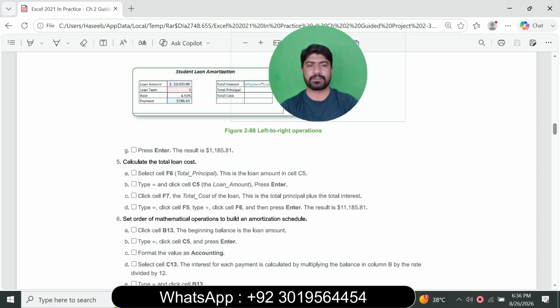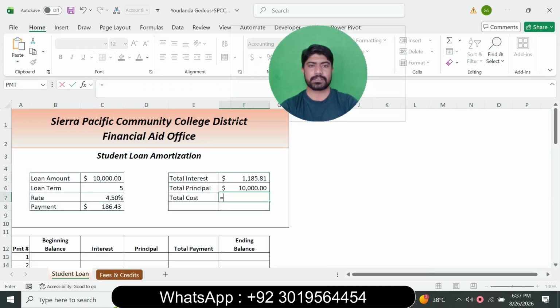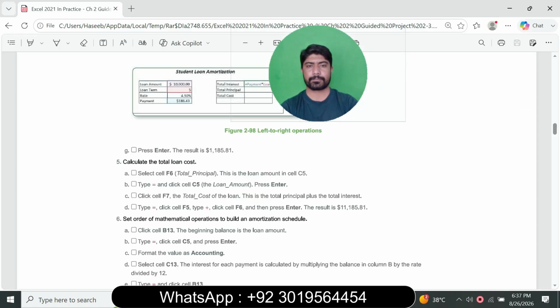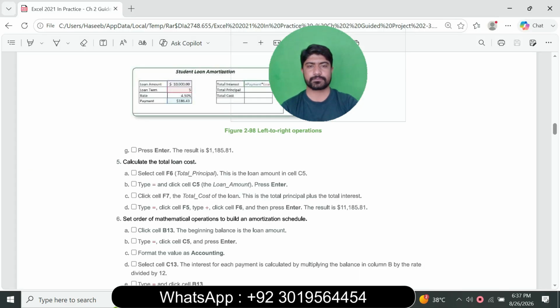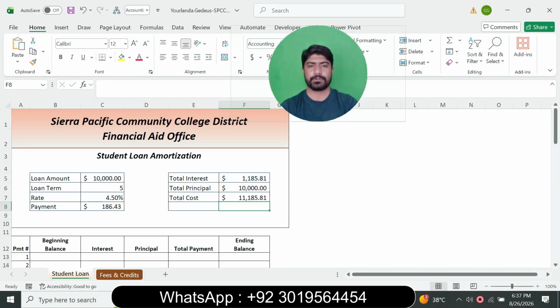So click cell F7, the total cost of the loan. This is the total principal plus the total interest. Type is equal to, click cell F5, plus F6, the total principal, and press enter.